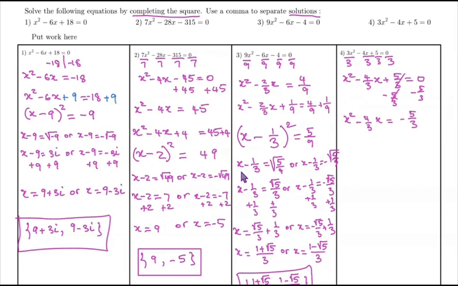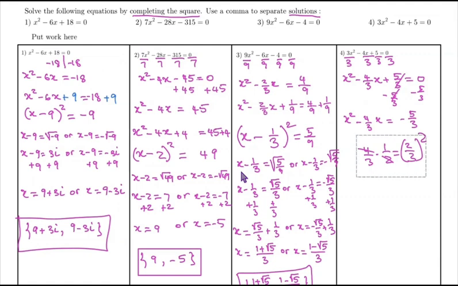Let's find the constant that completes the square. That's going to be 4 over 3 divided by 2, or 4 over 3 times 1/2. Cancel 2. That's 2 over 3. When we square it, it's 4/9.